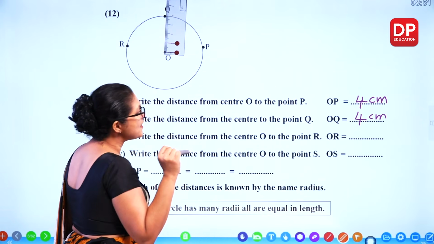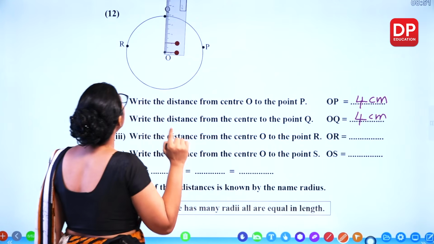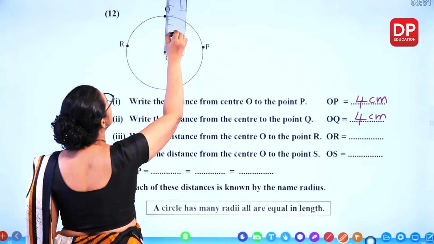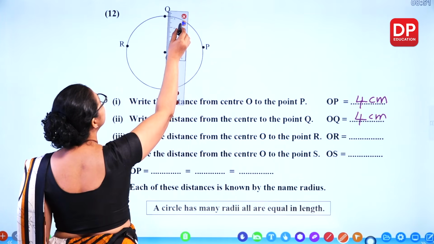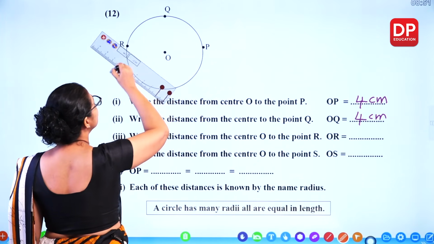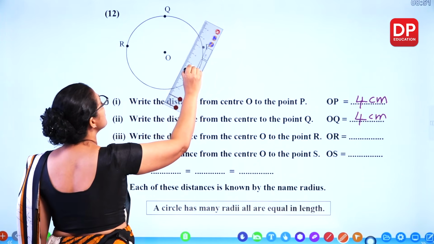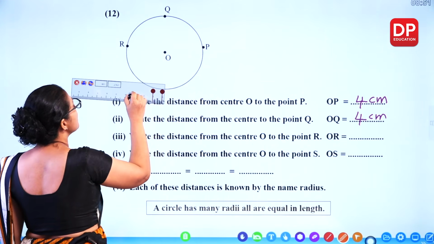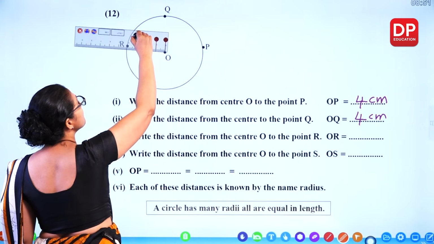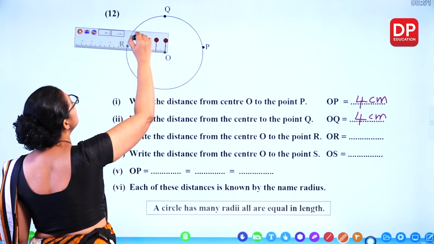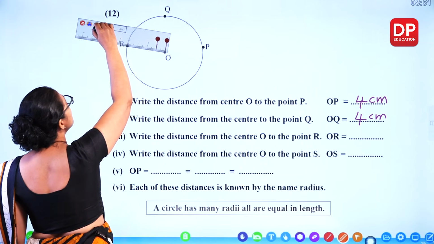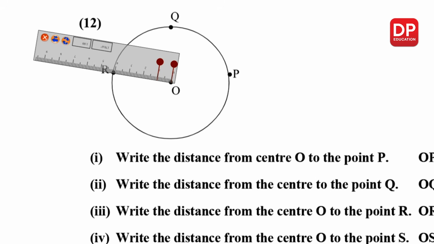Write the distance from the center O to the point R. R is here. I'll rotate this. I have to take it this way because we start from 0. I'll keep it here and then rotate it. This distance is also 4 centimeters.